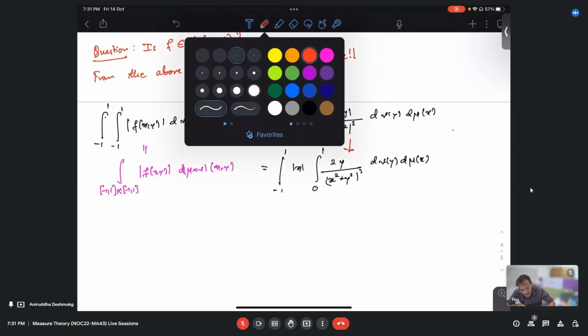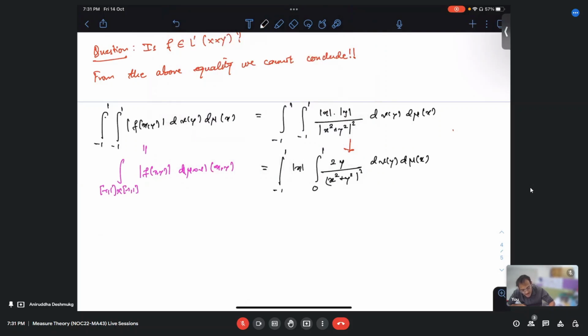How to write it in the proper way? It is the integral from minus 1 to 0 of something plus the integral from 0 to 1 of something, but these two integrals are the same, so I am just doing 2 times the same integral. This is a standard technique in Riemann integration. Minus 1 to 1 mod x. Now what is this?